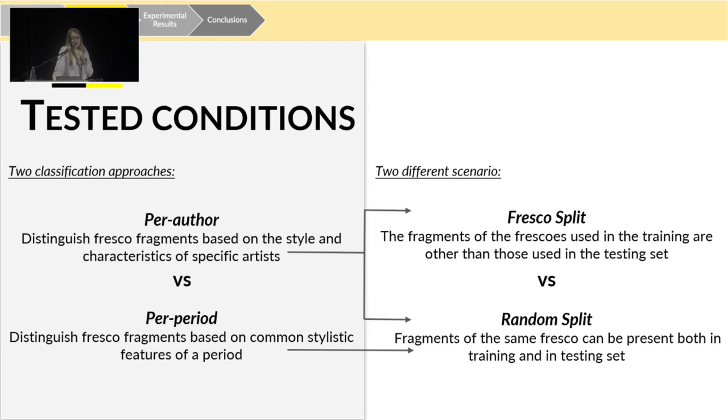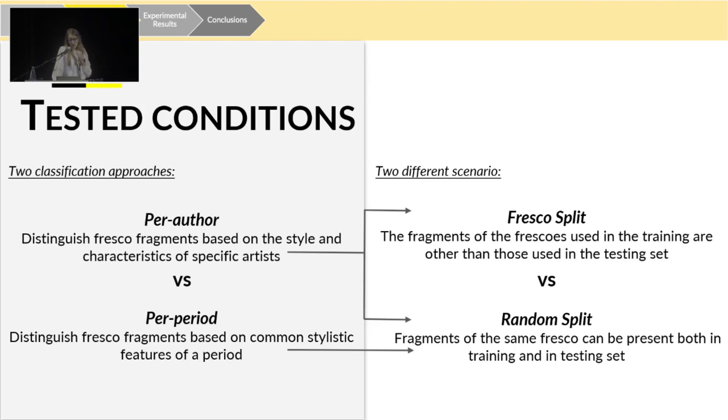For example, we can imagine that the first one is the most complex because the fragments of frescoes used in the training are older than those used in the testing set, and we imagine a scenario where we have a wall that is totally collapsed. While in the second one, we imagine a situation where this wall is only partially collapsed, and so we have also information about a part of it.